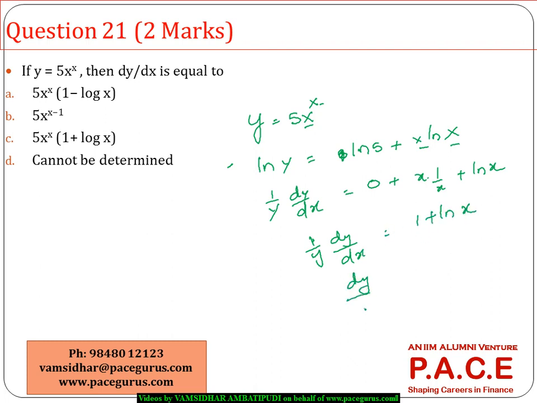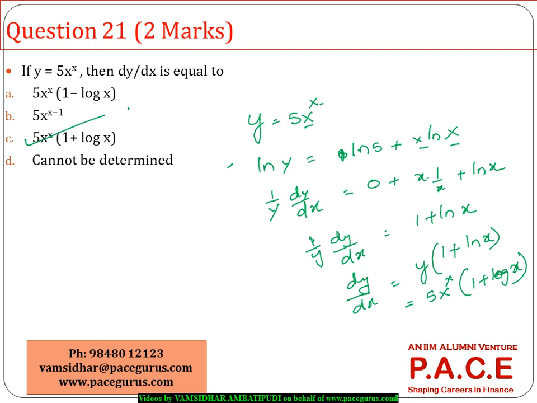So from here dy by dx comes out as y into 1 plus log x, and y is nothing but 5x power x into 1 plus log x. So overall it works out as 5x power x into 1 plus log x, wherein I can mark C as the answer choice in this case.